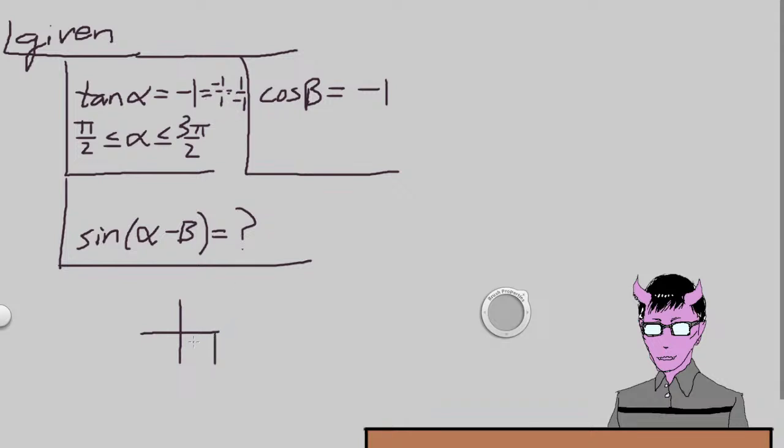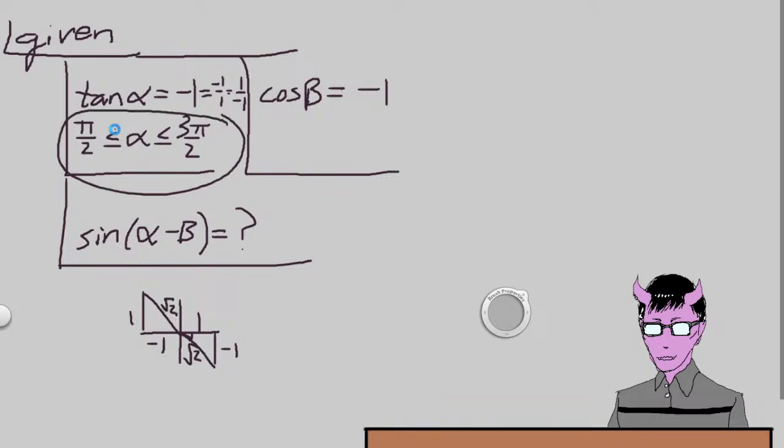So here, quadrant 4 with the 45, 45, 90. Or we can have positive opposite to the same magnitude negative adjacent.